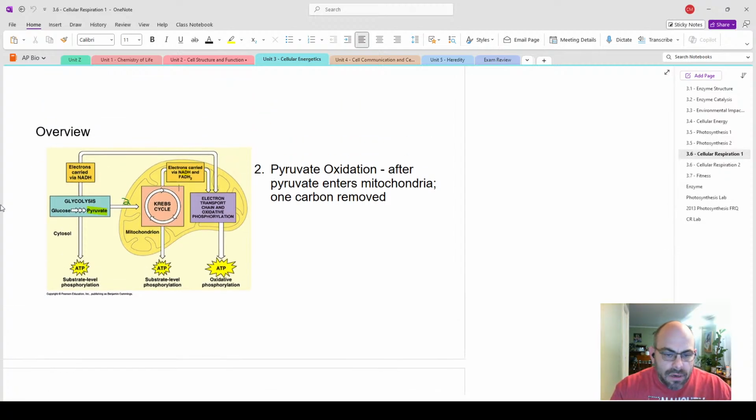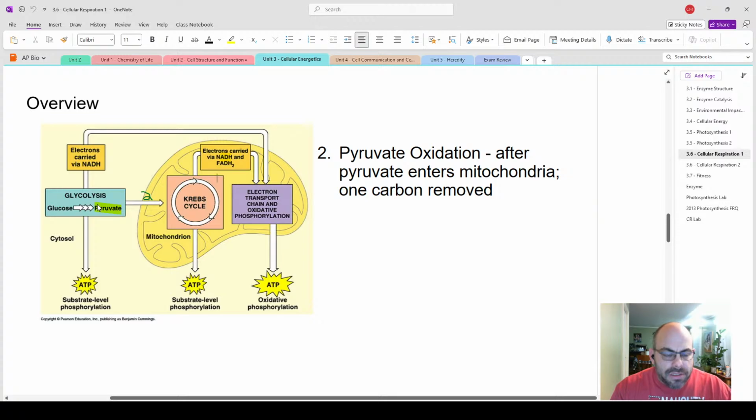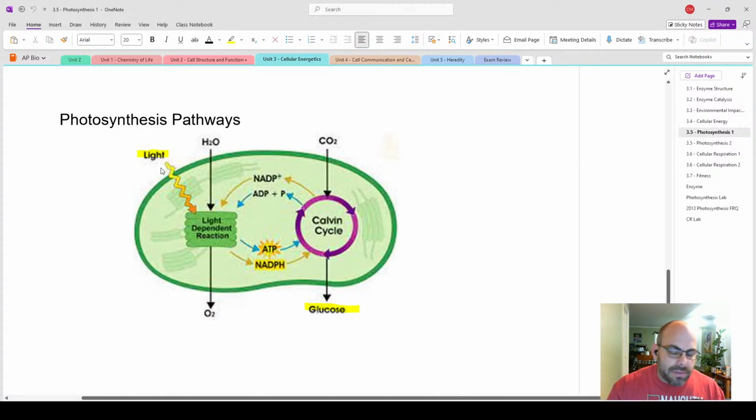And then you have this coupling as well, where glycolysis is breaking down glucose, and it's basically undoing everything that photosynthesis did. Electron carriers are picking up, and they're putting that energy into ATP. So ATP is the output, whereas here, light is the input. Now, that's all big picture, right? So we'll get down in the weeds a little bit here.